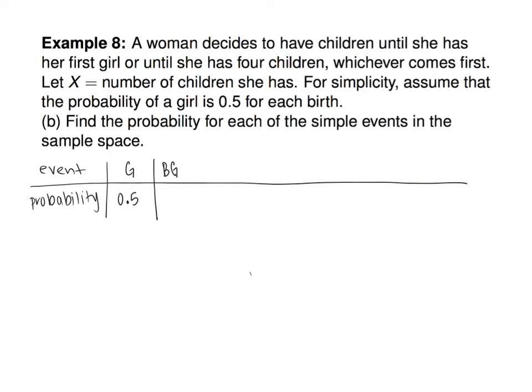For the boy-girl birth, well, these births are independent, we're assuming, so we have 0.5 times 0.5, which is equal to 0.25. And then next there's the boy-boy-girl birth. Well, that's 0.5 times 0.5 times 0.5, which is 0.5 cubed. And then keep all the digits here, don't round these. This is 0.125.